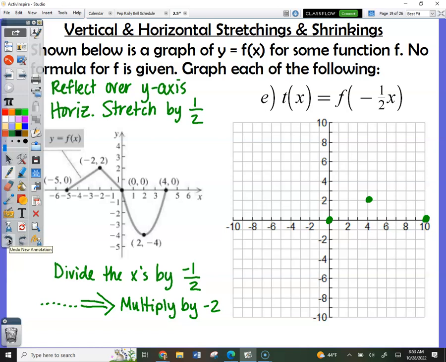So this would be negative 4, negative 4. Multiply the x's by negative 2, right? You have 2. Oh, that's this one.